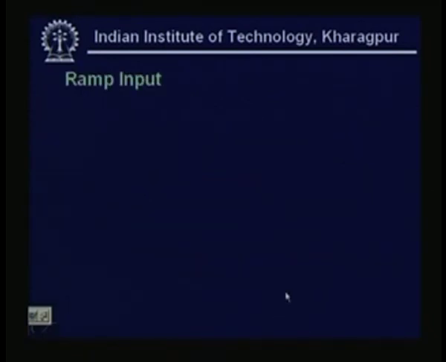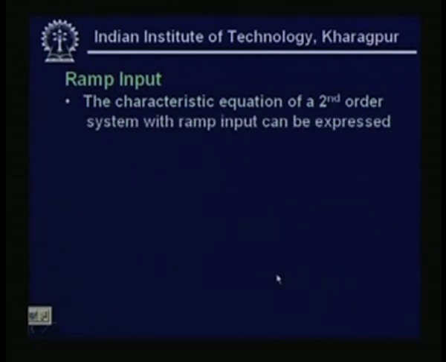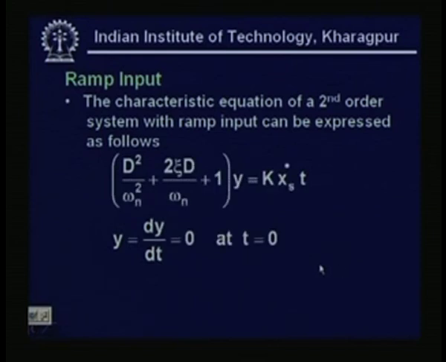Now, let us look at the ramp input. The characteristic equation of a second order system with ramp input can be expressed as follows. Already we have discussed the ramp input in the case of first order system. We are taking the same inputs so that we can compare the two side by side.